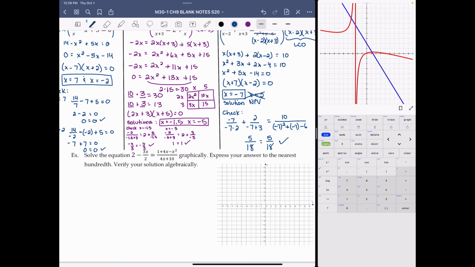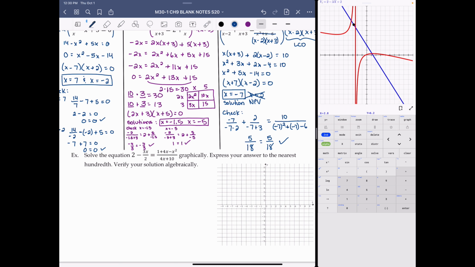It looks like I have a vertical asymptote at x equals about negative 2.5. I can trace along my rational graph to see, and it is approaching x equals negative 2.5 as we go this way, and also as we go this way.